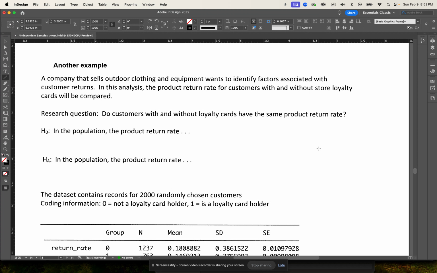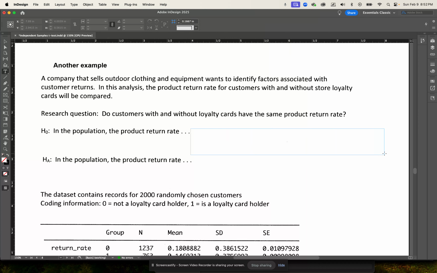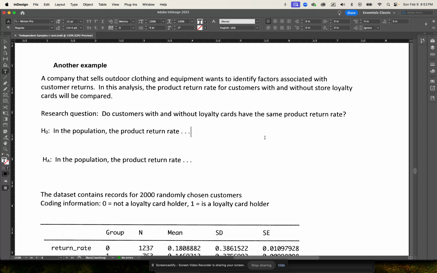So our null hypothesis would state that in the population, the product return rate does not differ between customers with and without store loyalty cards.